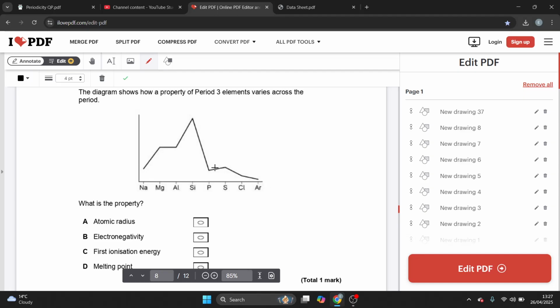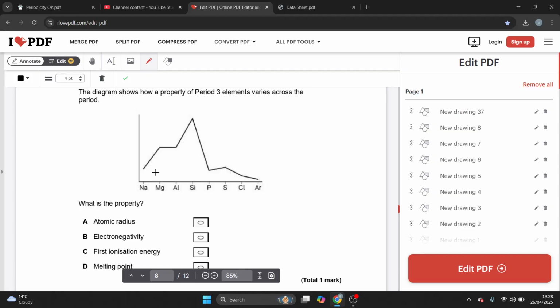Diagram shows how property periodicity elements vary across the period. What is a property that varies across the period? Well, period 3.